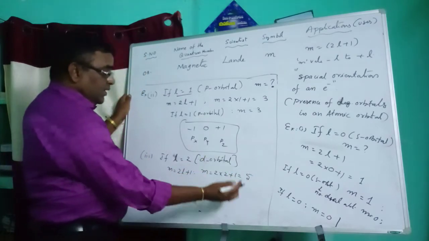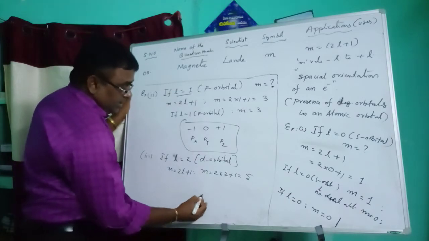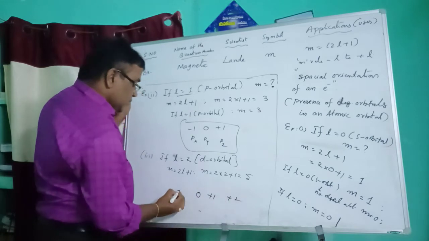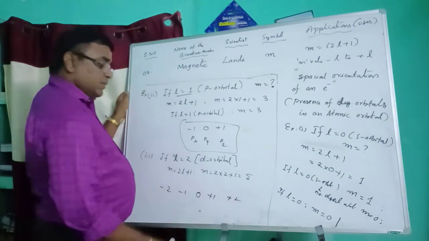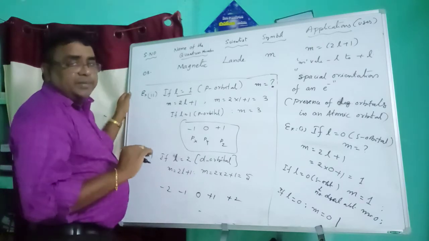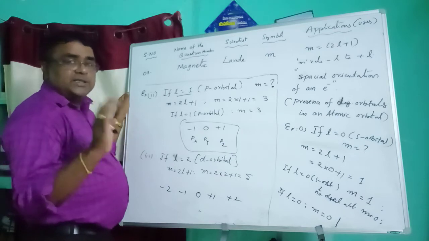So for d orbital, M value is 5. We write them as 0, plus 1, plus 2, minus 1, minus 2. The d orbitals are of 2 types, T2g orbitals and Eg orbitals. The orbitals with the square are known as T2g.